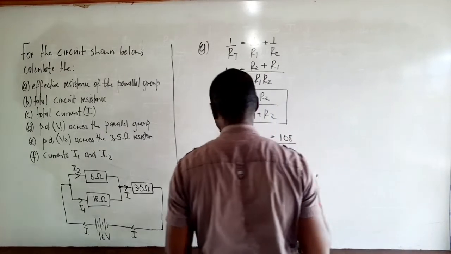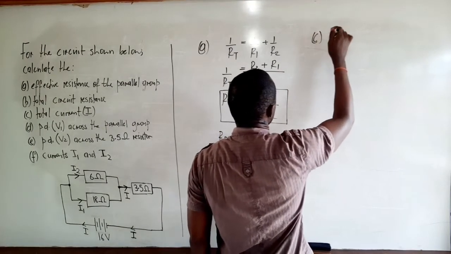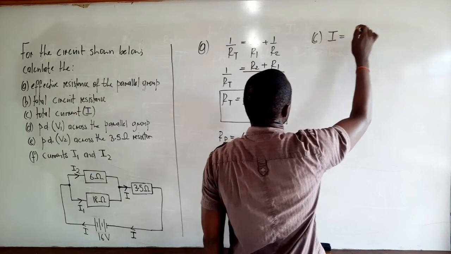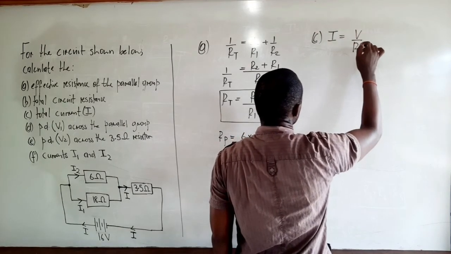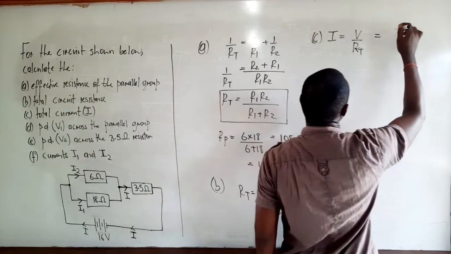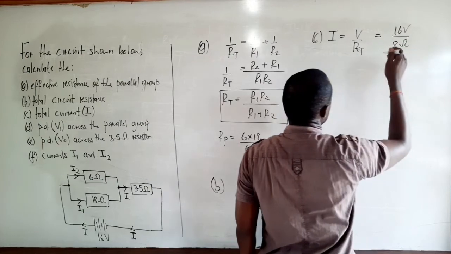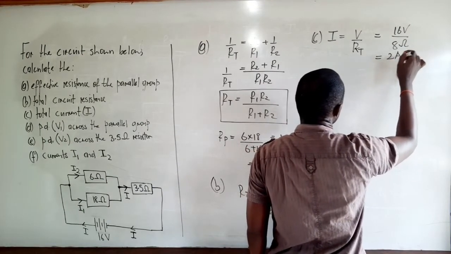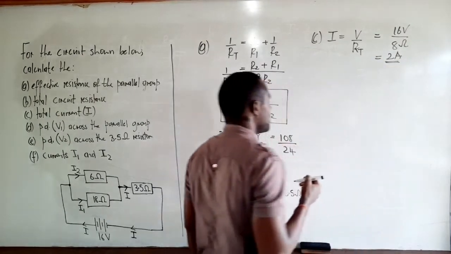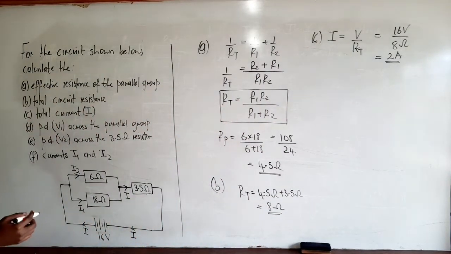Using Ohm's law in the form V equals IR, for part C, I, the total current, is equal to V over the total effective resistance RT, which gives us 16 volts divided by 8 ohms, which is equal to 2 amperes. So the total current I flowing is equal to 2 amperes.